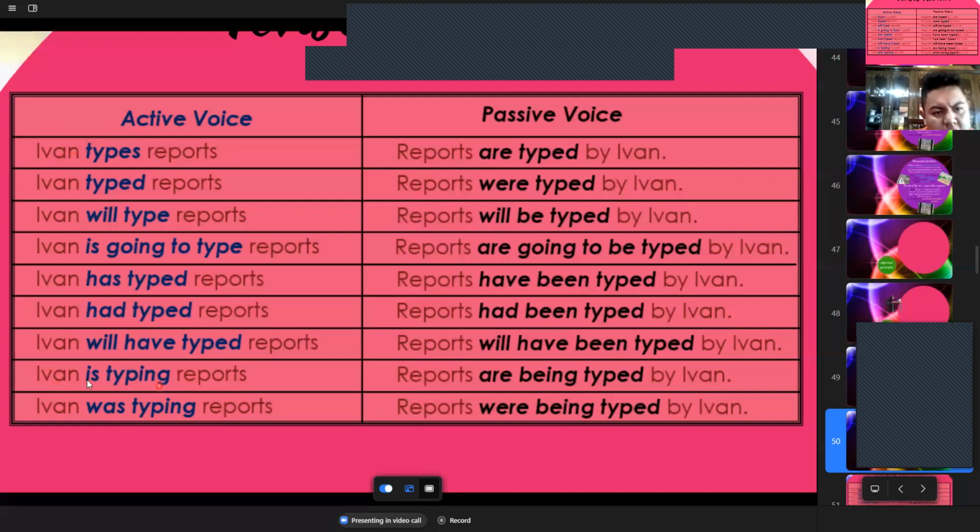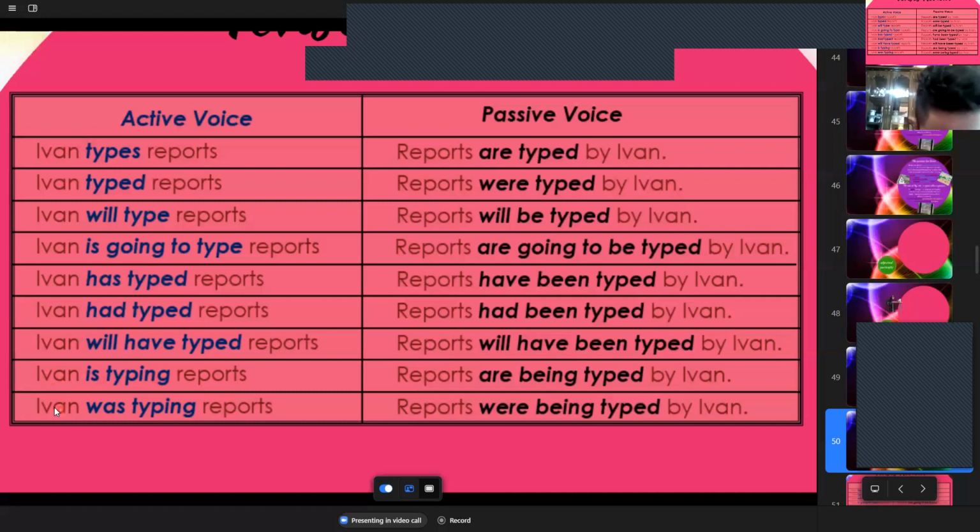Es present continuous, or present progressive. Vele poniendo nombre, si estás tomando nota, vele anotando, para que identifiques las estructuras. Present continuous or present progressive.